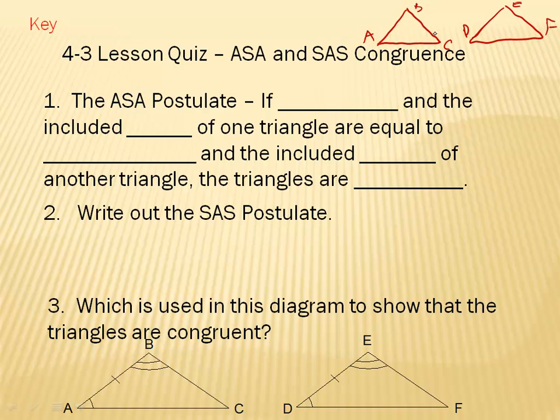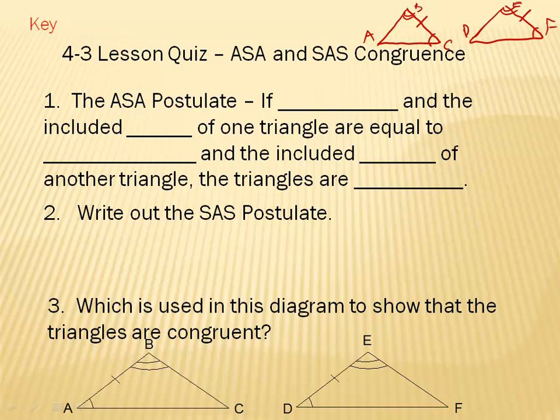We know that this angle is equal to that angle, and this side is equal to that side, and this angle is equal to that angle. If we know these three critical things about the six main pieces of the triangle, that is the three angles and the three sides.